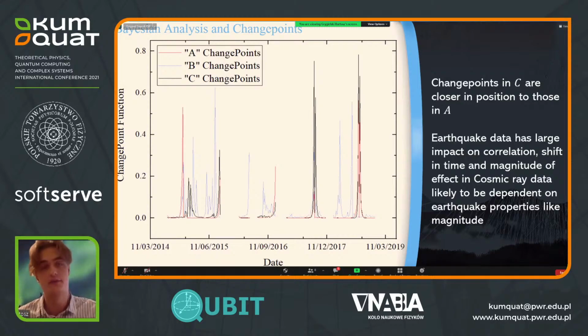The magnitude of an earthquake could have an impact on the correlation that we get, right, because our correlation function kind of is based on that. There is no limit to the value that we can get with it.